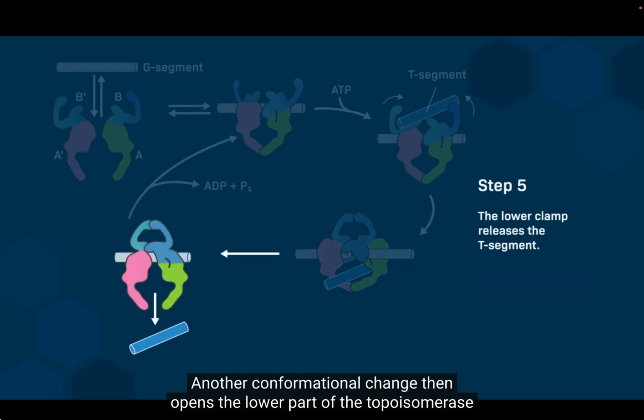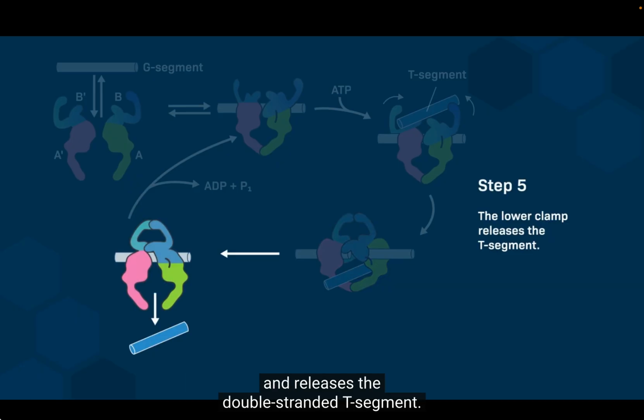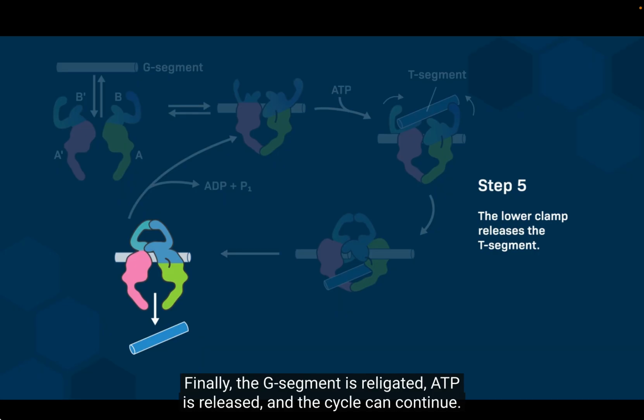Another conformational change then opens the lower part of the topoisomerase and releases the double-stranded T segment. Finally, the G segment is religated, ATP is released, and the cycle can continue.